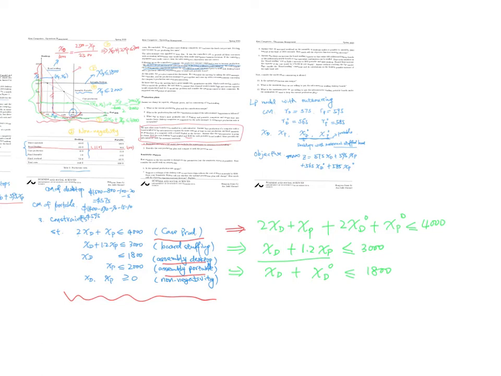Also for portable, xp plus xpo should still be less than 2,000. And now you have xd, xp, xdo, xpo all greater than 0. So that's how you write your model.